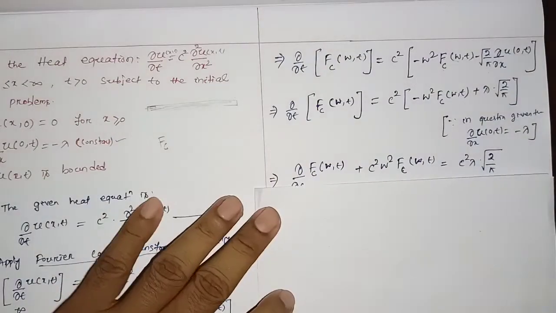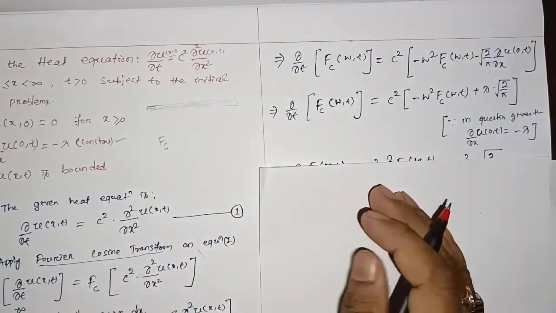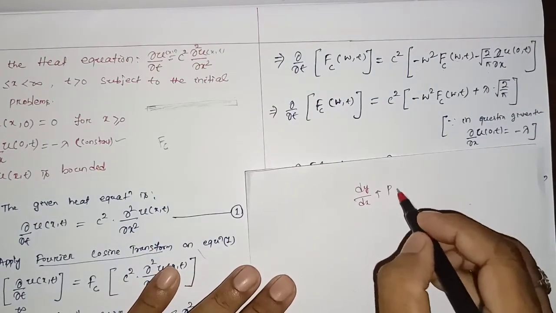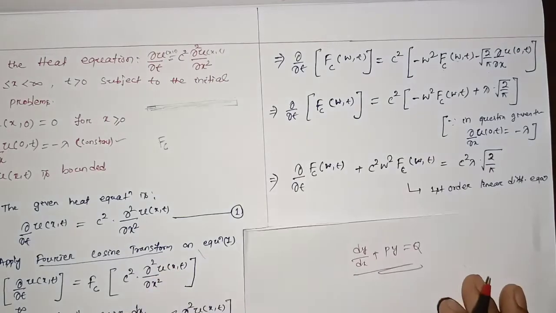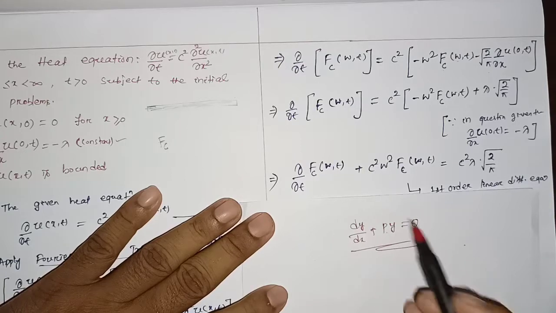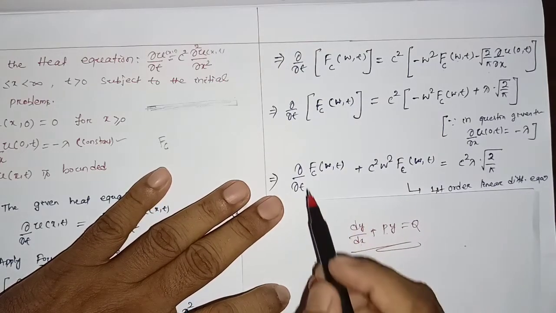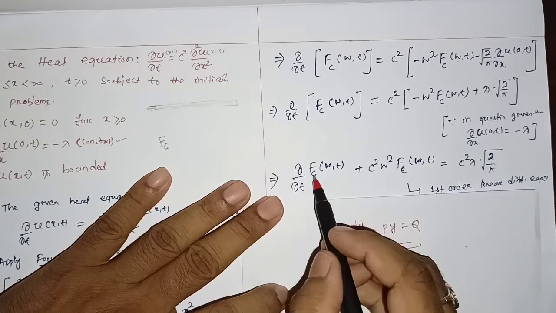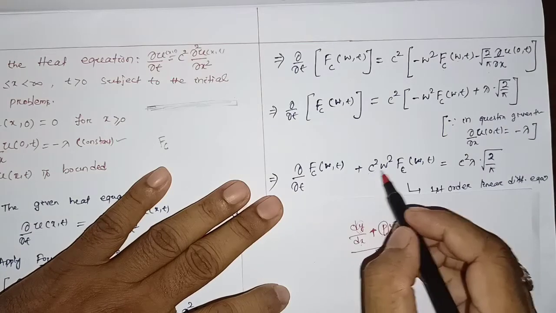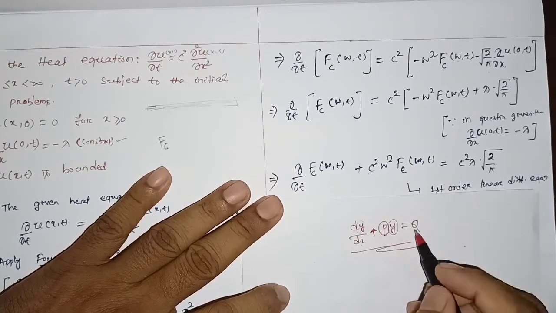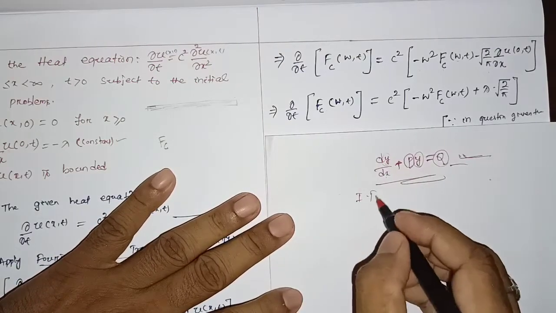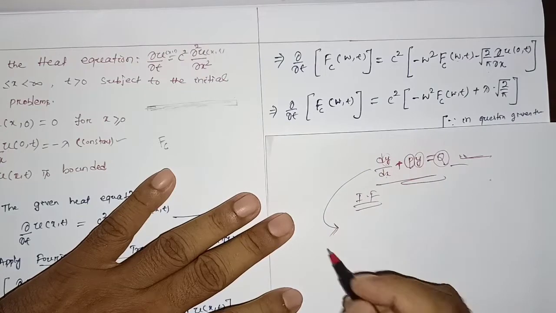Suppose a first order differential equation is given like this: dy by dx plus P y equal to Q. If I compare this with our equation, both are alike: del by del t in place of d by dx, F c of omega, t in place of y, plus a constant, here c square omega square, times y, equal to another constant. To solve this differential equation we have to use the integrating factor.